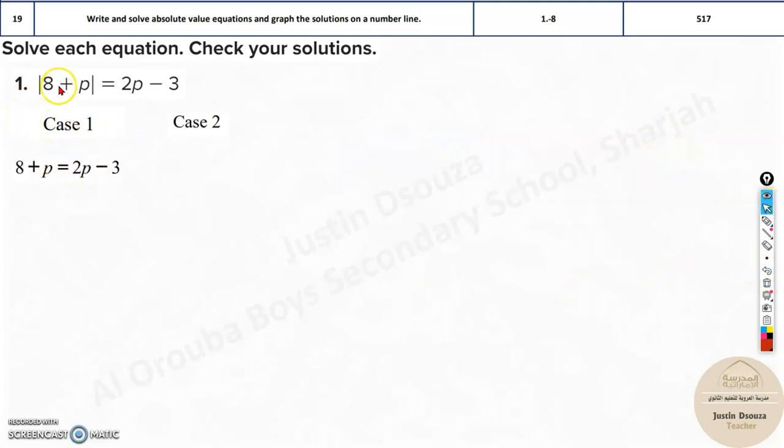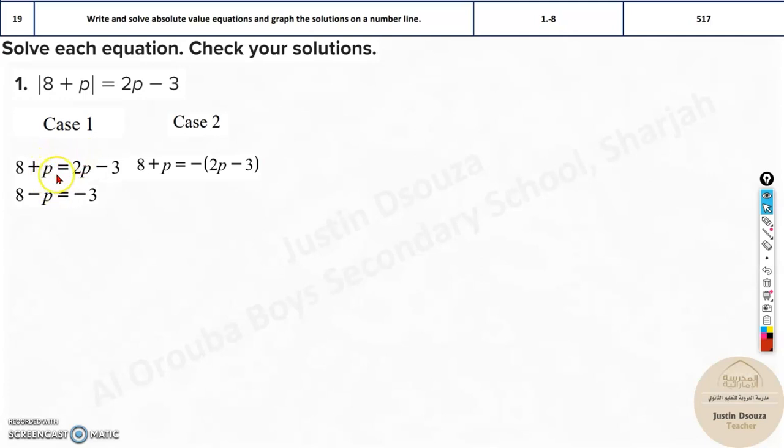So what you write is, you can just memorize this. First thing, write this without the brackets, same thing. Next one, write the same thing, but here opposite sign, opposite term, you should put minus sign. That is the only thing. So now we can solve this. 8 over here, my 2p is there. Take this to the other side, becomes minus 2p.